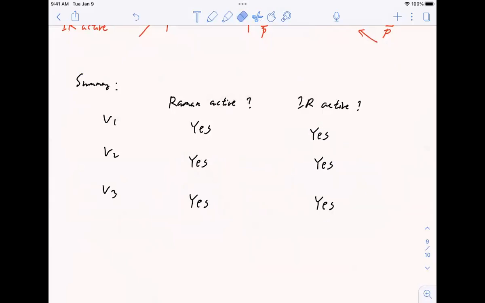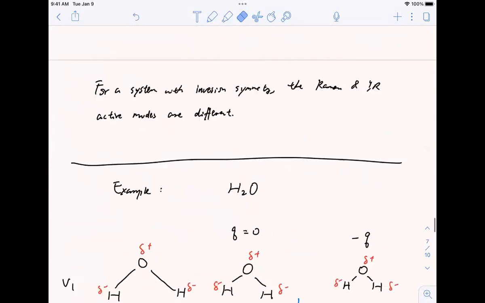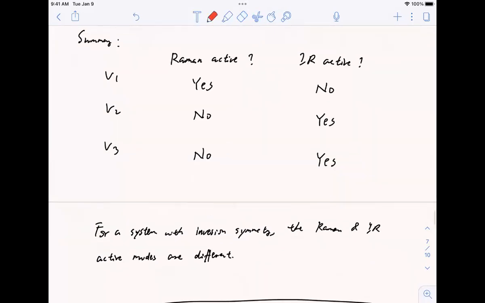The main reason all of them are active is because water has a lower symmetry. From this you can see the relationship between them. Any questions before we move on? Explain the infrared active. The infrared active is when the dipole is changing.